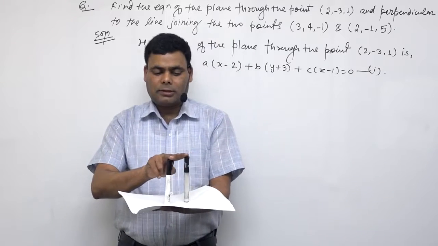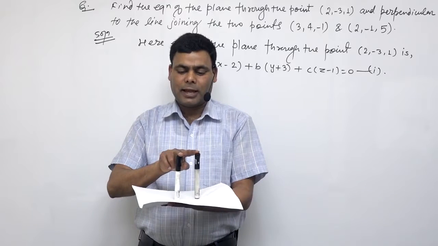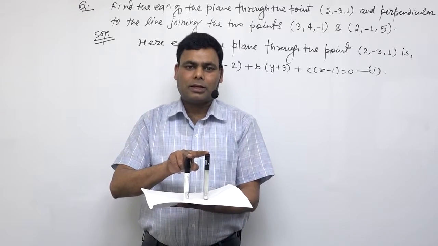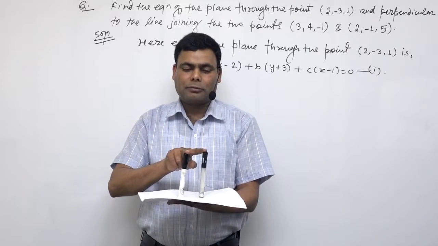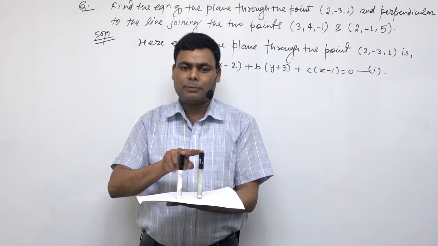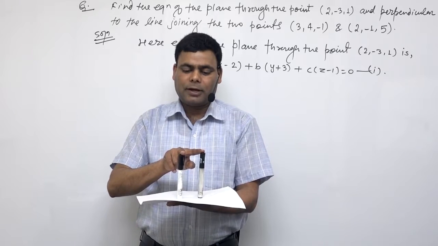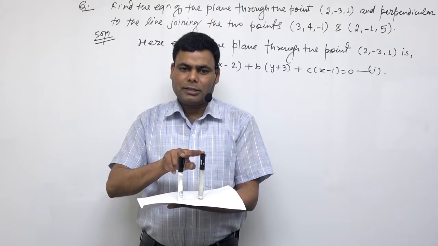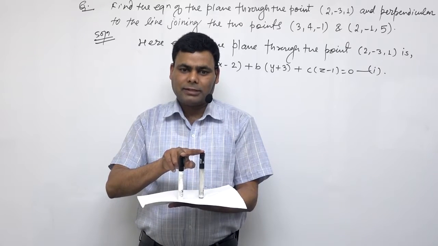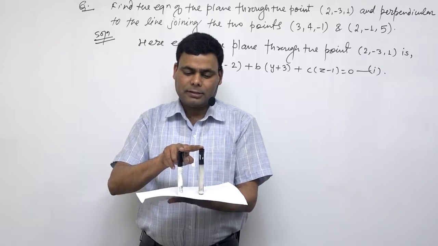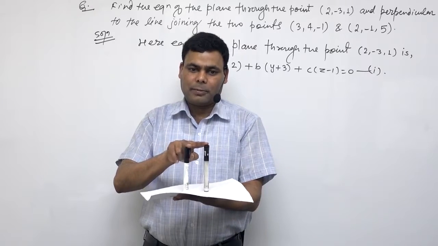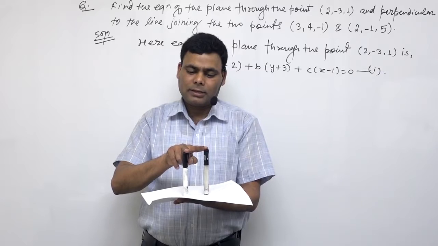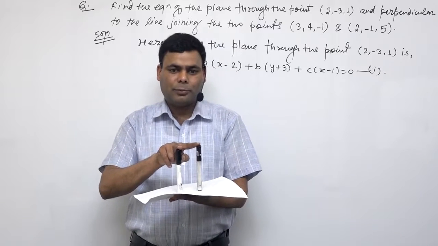The left one is the normal of the plane and the right one is the line which is perpendicular to the plane. The right marker is the line joining the two given points.